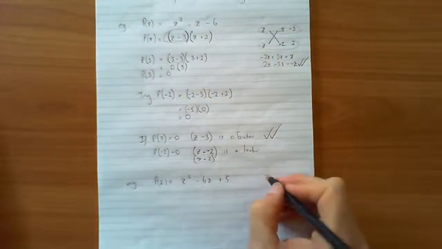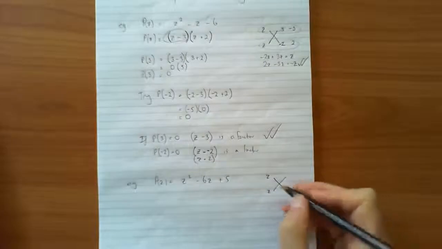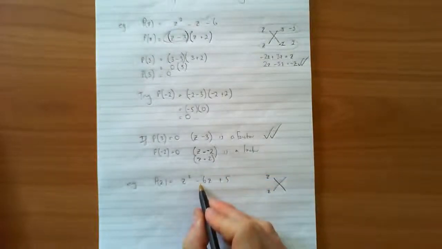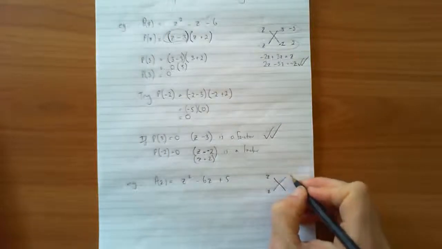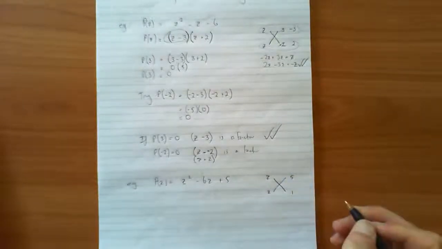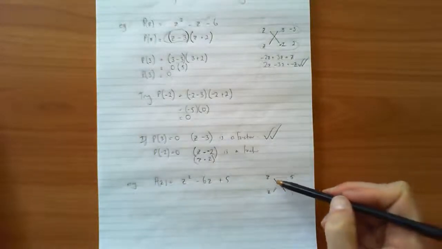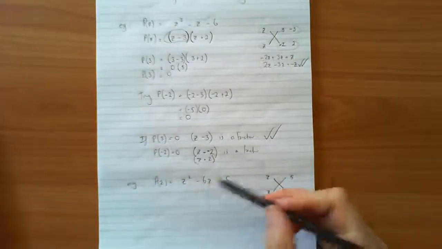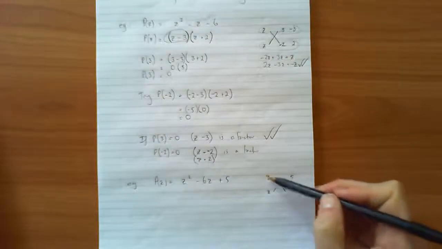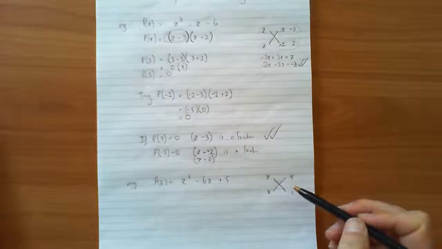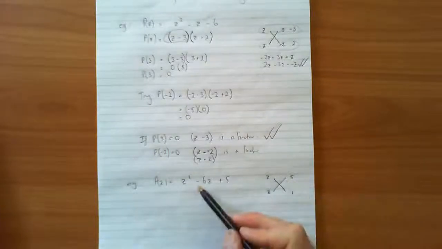The factors of Z squared are Z and Z. The factors of positive 5 are 5 and 1. Let's just check in our heads. Does that work with our middle term? That would give us 1Z plus 5Z, which would give us positive 6Z. That's not what we wanted.